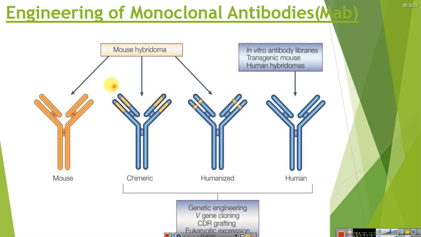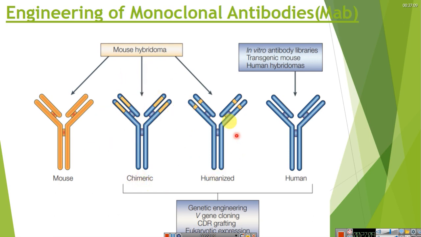Now, if you are seeing all the four types of antibodies on your screen, the orange-brown color is the mouse amino acids, originating from the mouse, and blue ones are from human. So a mouse antibody with a constant region as well as variable region is entirely from the mouse. When the constant region is of human origin and the variable region is of mouse origin, it's a chimeric one.